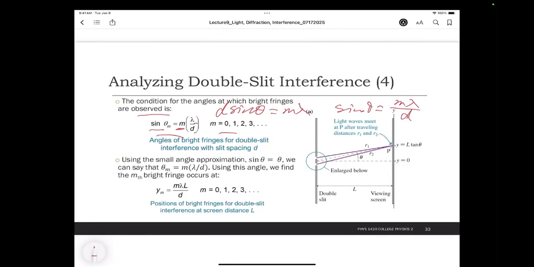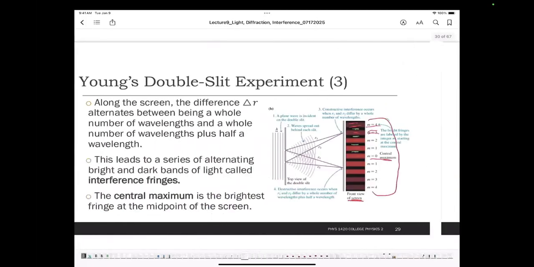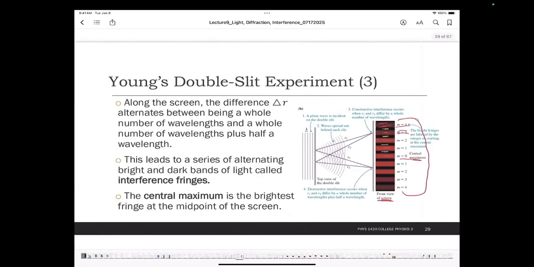M tells us which bright fringe it is; here is 0. For example, here is 0, here is 1, here is 2, and in the other direction 0, 1, 2, 3, 4. It is the same thing in a different direction.